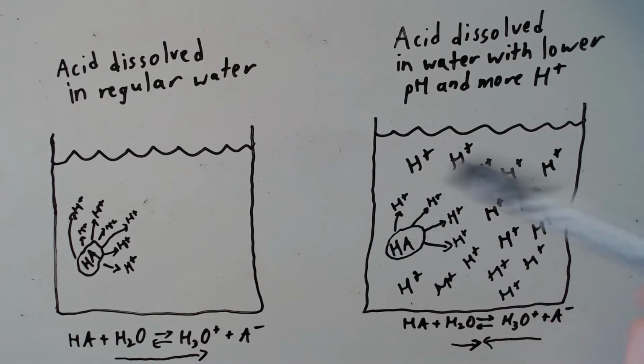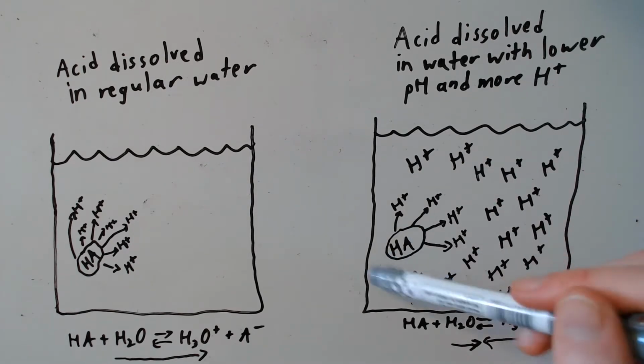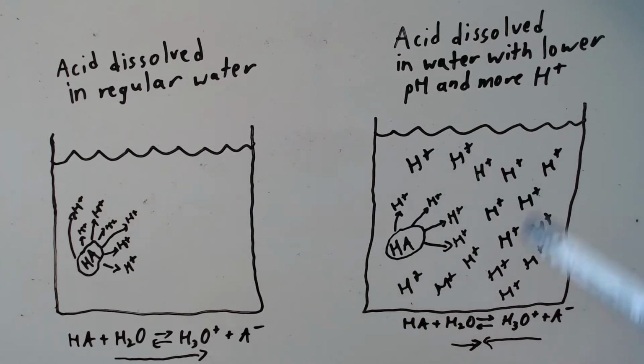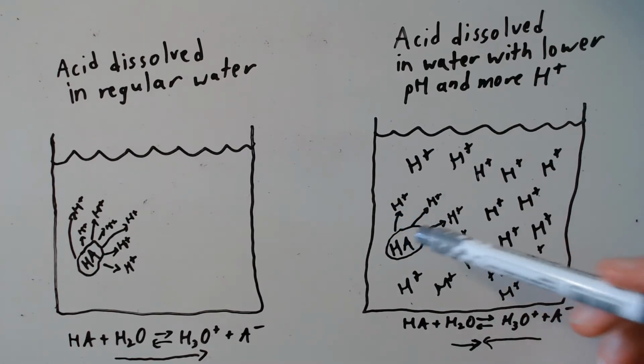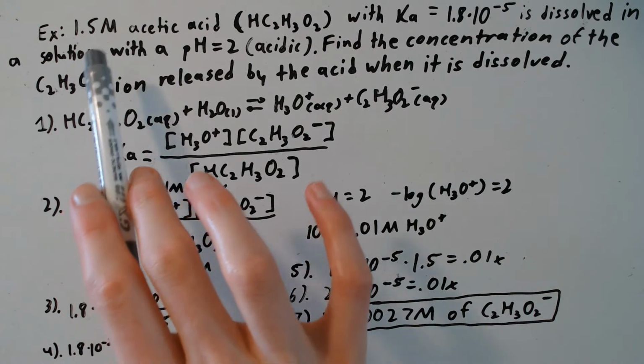And now we're going to see how we can solve problems to find how much acid dissolves in a solution that already has a lot of these common ions, a lot of H+ present prior to the acid dissociating. Now let's say we have the following problem.